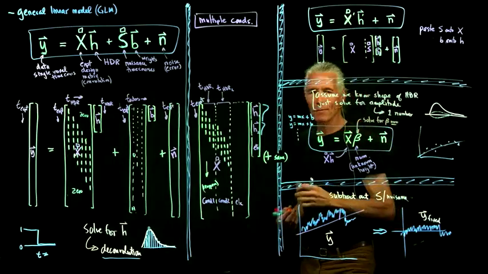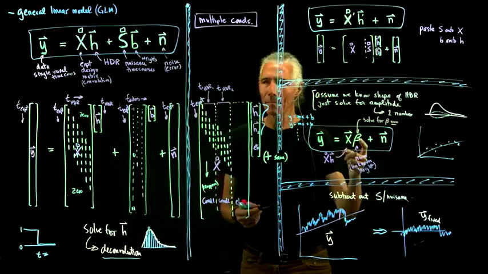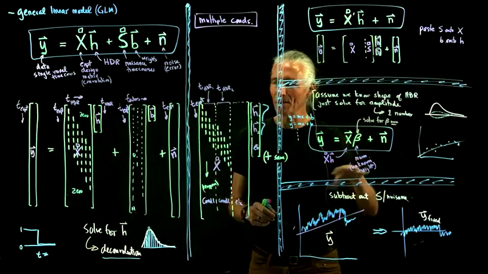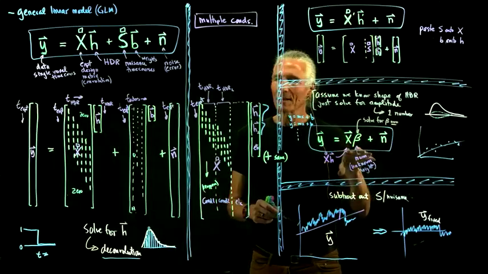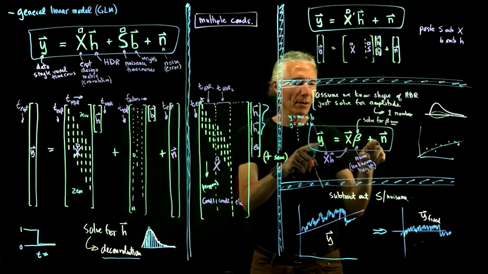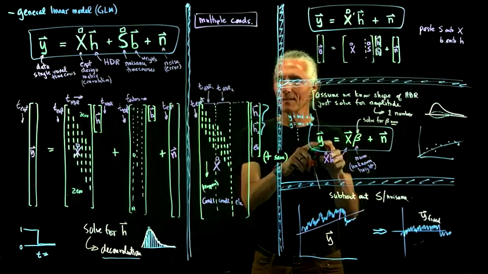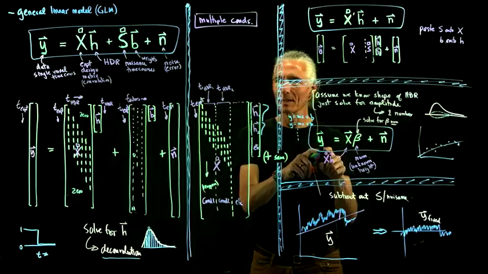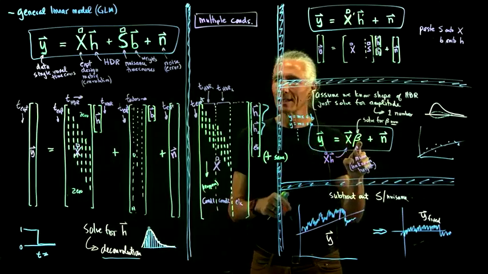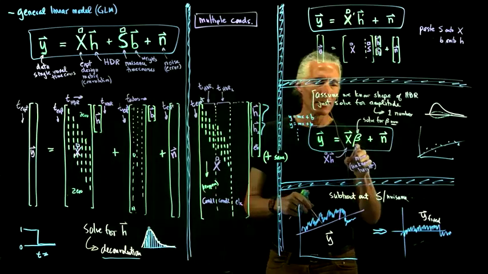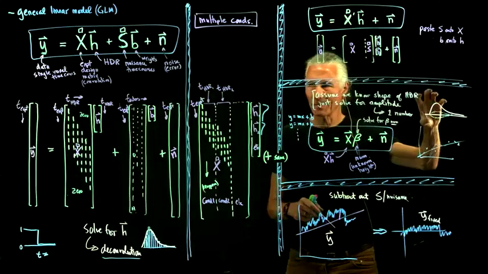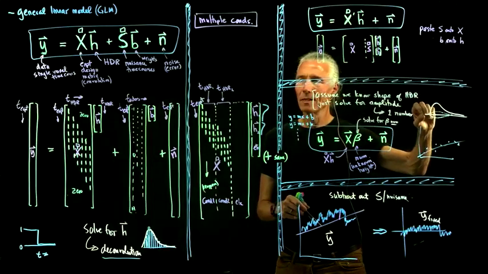So before we solve for that beta number, remember that number is the same throughout all these copies of the linear equation. So this is a linear equation, but that's a vector, so there's a whole pile of them for each time point, but the beta is the same for each different time point. Because it's just the height of the hemodynamic response function.